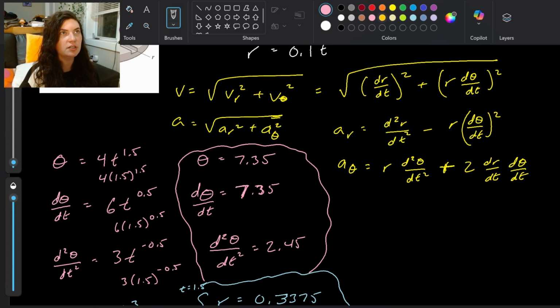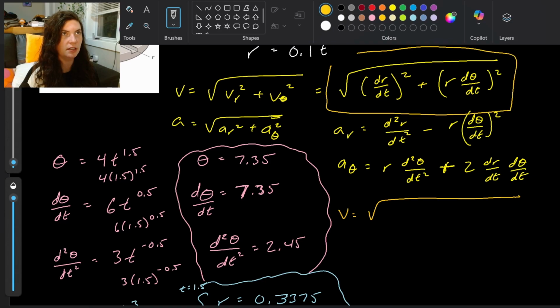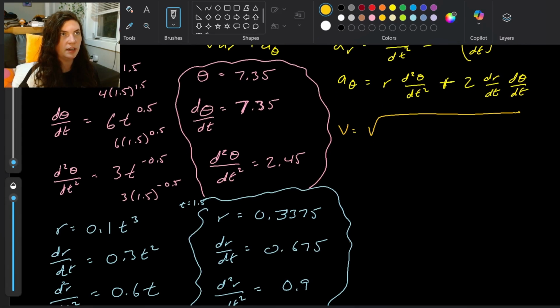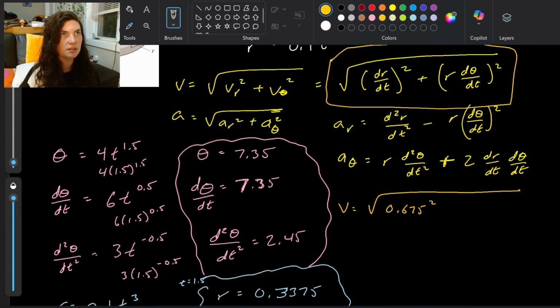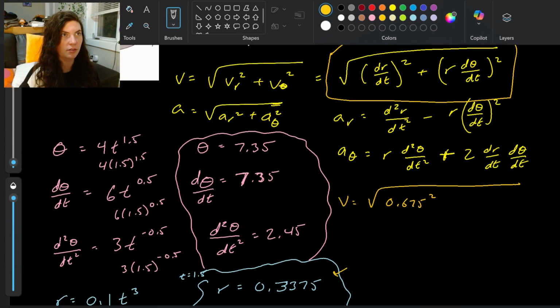We'll find our velocity first. Here's our velocity equation. I'm not going to write this guy again. We're just going to start plugging things in. So our velocity is the square root of dr dt squared. So where's our dr dt? Here he is, 0.675 squared, plus r times d theta dt squared. So where do I have r? I have r over here. I have d theta dt right here.